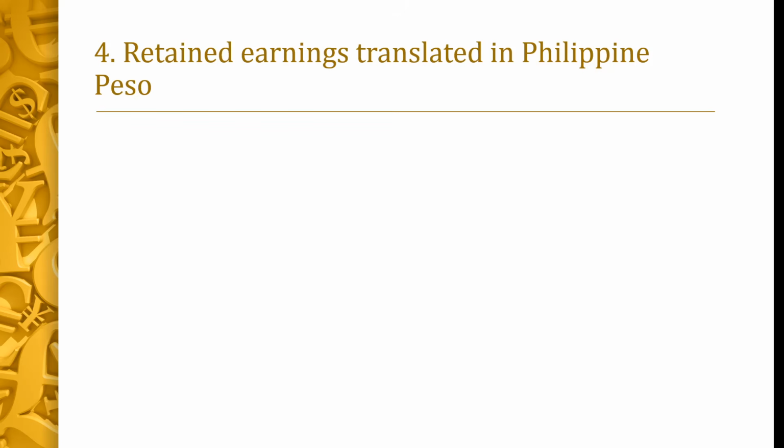Retained earnings translated in Philippine peso. Dahil this is already a subsequent year of translation, how do you translate the beginning retained earnings? That should be equal to your translated balance of the last period, 2050. Hindi ka nagagamit ng historical rate kapag subsequent year of translation na.